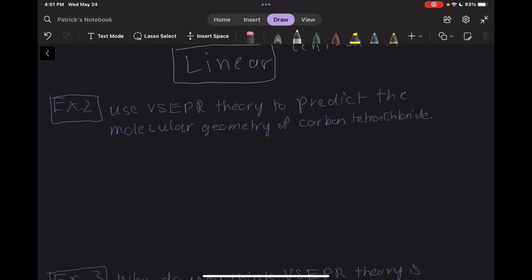Example 2 is similar. Use VSEPR theory to predict the molecular geometry of carbon tetrachloride. This problem is bringing in some of what we covered the last time we were here.